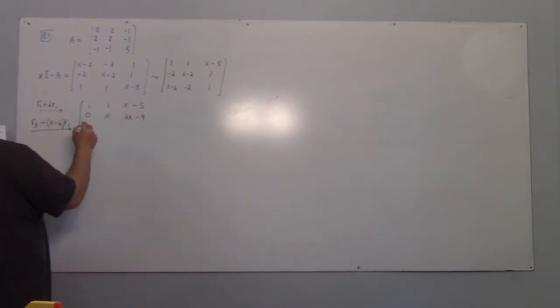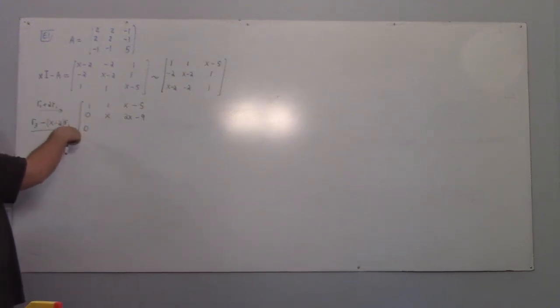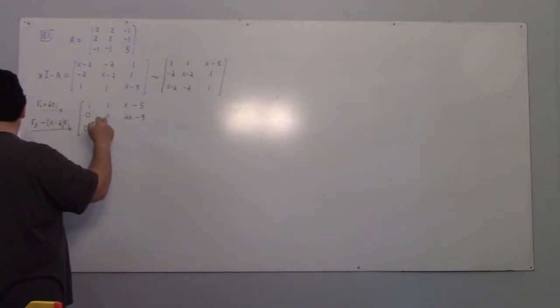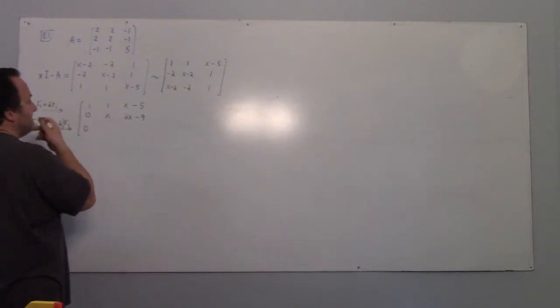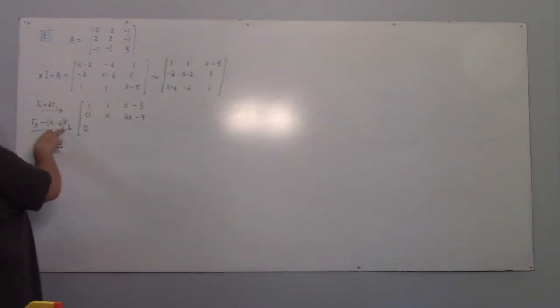And then I've got 0. So you see I zeroed that out, right? Yep. And then you get x minus 2 plus row 1, x minus 2 minus 2. But it's minus, so it's plus, so that's x, I think.